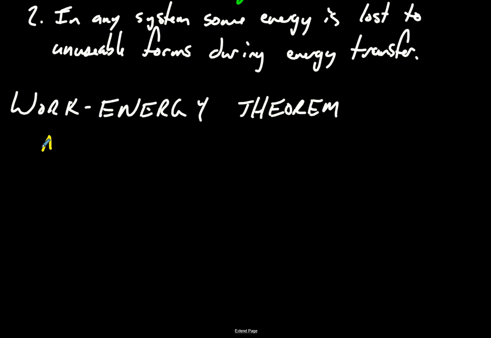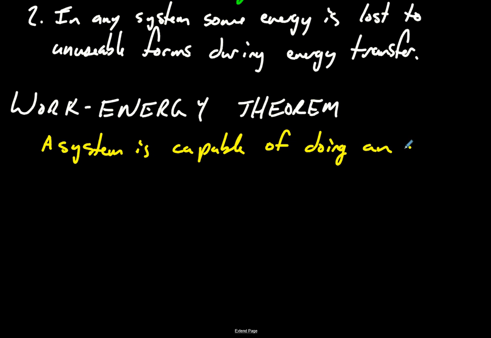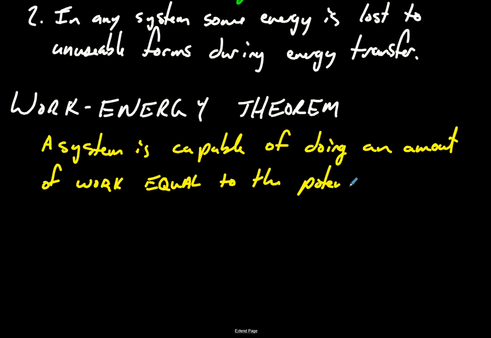A system is capable of doing an amount of work equal to the potential energy that it contains. And that's ignoring the second law, because really it can't do all that, since some will be lost.